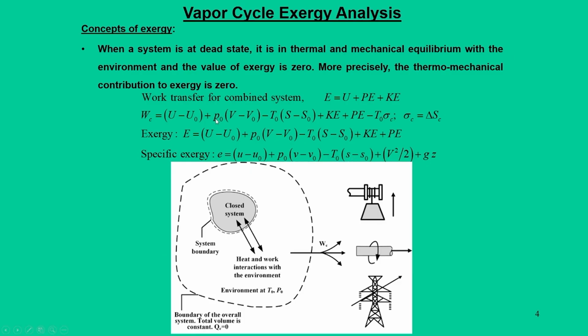Now, here the subscript 0 stands for the conditions of the environment, and in all our dead state situations we say P0 is 1 bar and T0 is 25 degrees centigrade. So, these are the dead state conditions in which we are going to work.